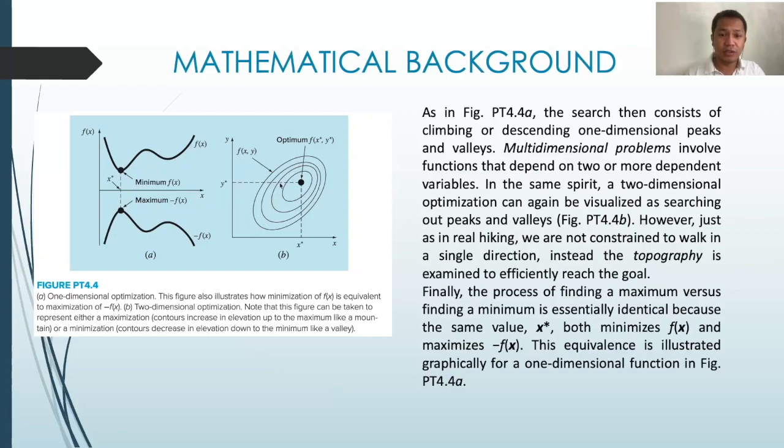It is good to note that this figure can be taken to represent either a maximization, where the contours increase in elevation up to the maximum like a mountain, or a minimization, where the contours decrease in elevation down to the minimum like a valley.